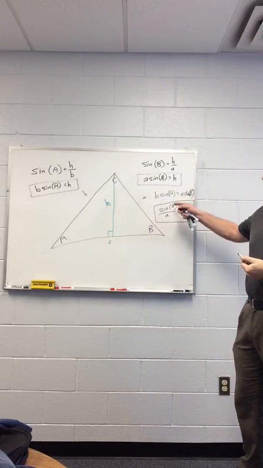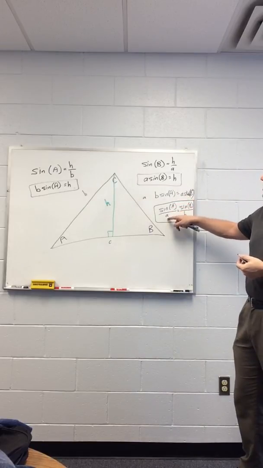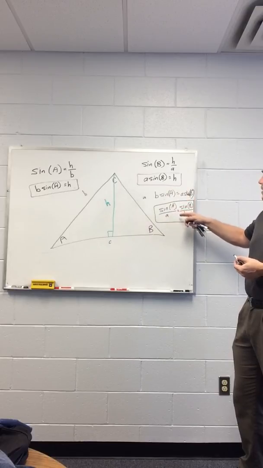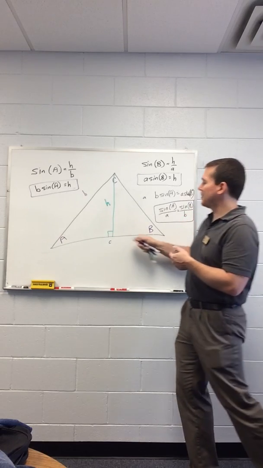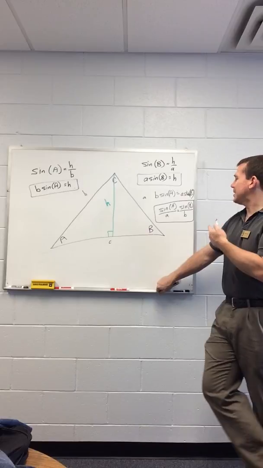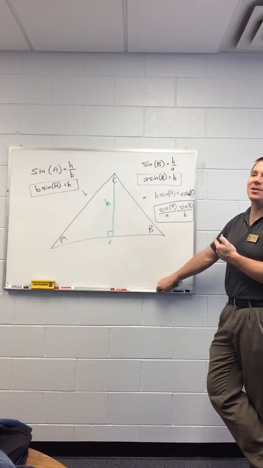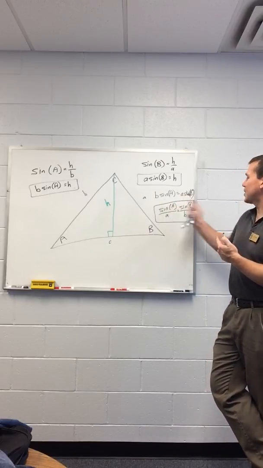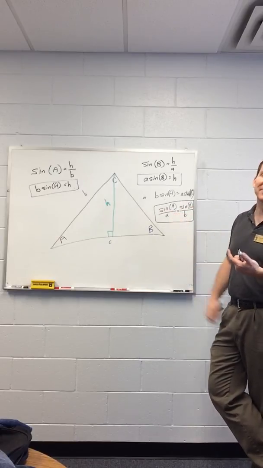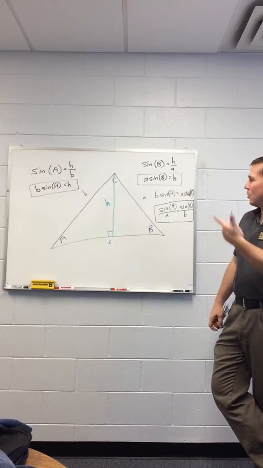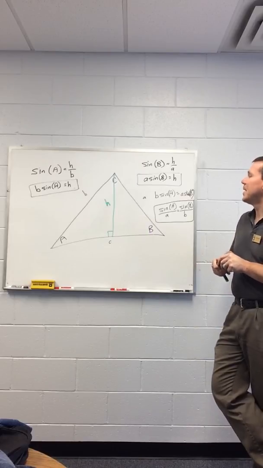The ratio of the sine of an angle to its opposite side is equal to the sine of another angle and its opposite side. And I've completely eliminated h, but this gives me a nice little trick that I can use to actually use angles and sides of a triangle to find other angles and sides of a triangle, which is my goal when I'm trying to solve a triangle.